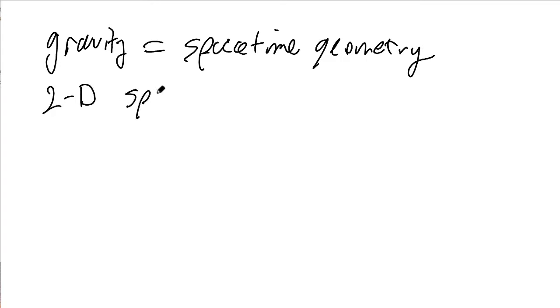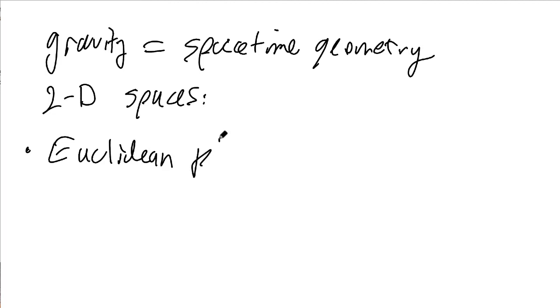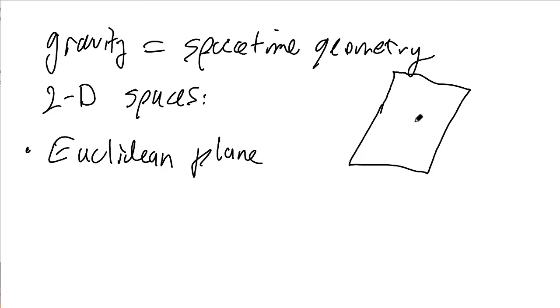2D spaces. So for example, we have the Euclidean plane. So that's just the geometry of a sheet of paper. Another example is the sphere.